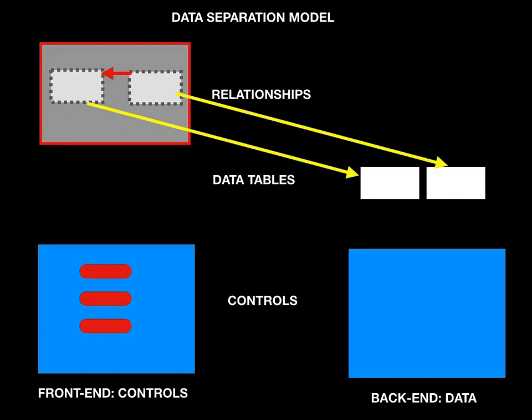In the relationships table, each table represented there is linked to a table in the back-end data, so that hopefully everyone who's watching this understands those particular processes and can create a data separation model.